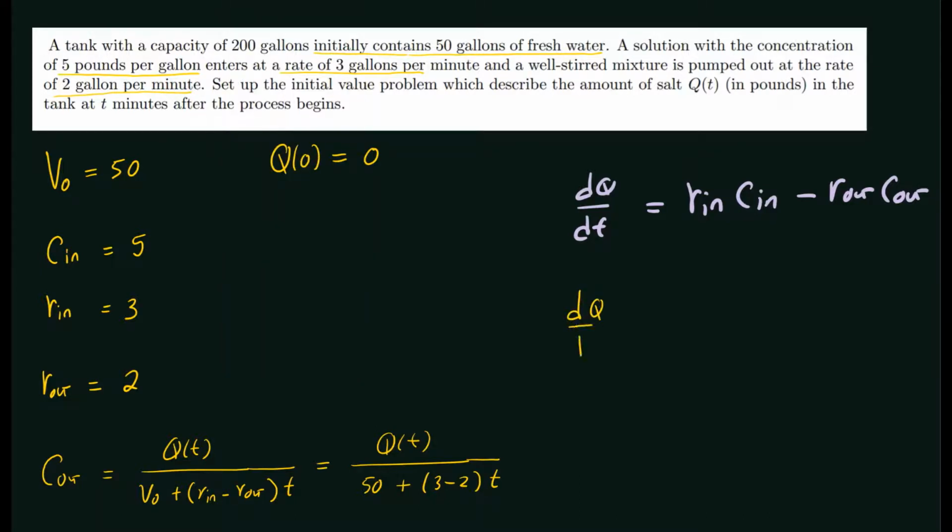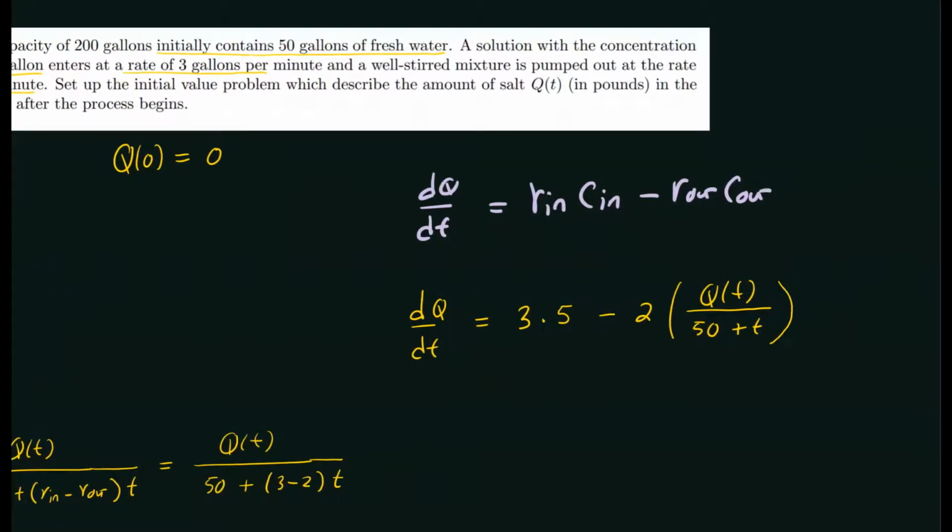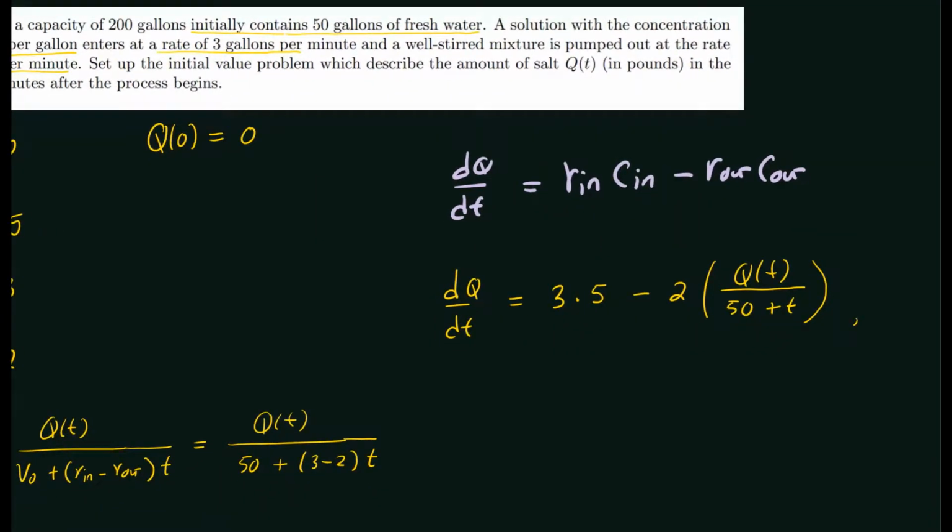We have dQ/dt is equal to Rn, that is 3, Cn, that is 5, minus R out, that is 2, and C out is the function we wrote down at the bottom. That would be Q(t) over 50 plus 3 minus 2, that's just 1, times t. That is our concentration out, with the initial condition of Q(0) is 0. So that will be the setup for this process.